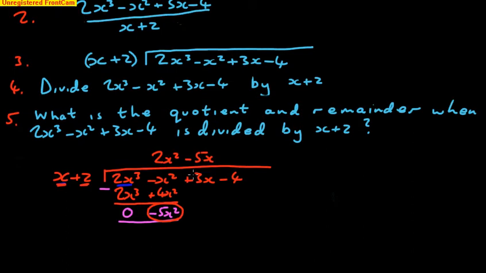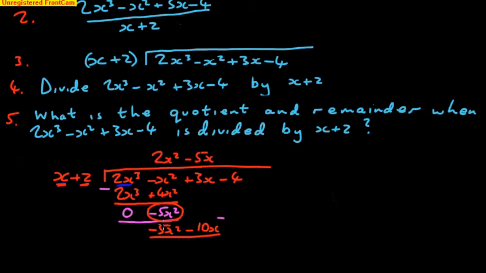And then I multiply back again. So minus 5x times x gives me minus 5x squared, and minus 5x times plus 2 gives me minus 10x. And then I'm going to subtract again. Minus 5x squared, so I'm subtracting here, put my minus sign there.